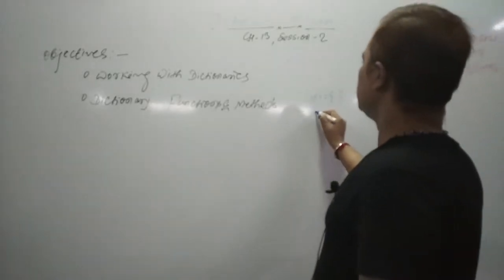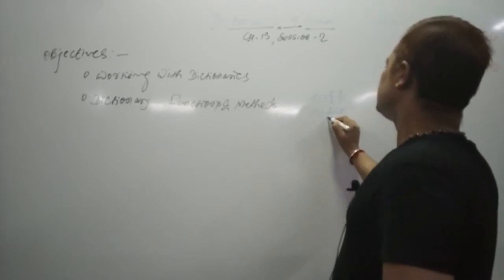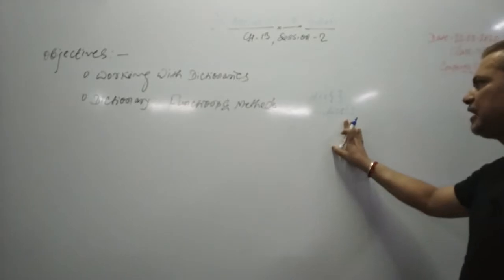Then a dictionary can be created like D1 equal to dict, which is the constructor method of the dictionary class, as you all know.